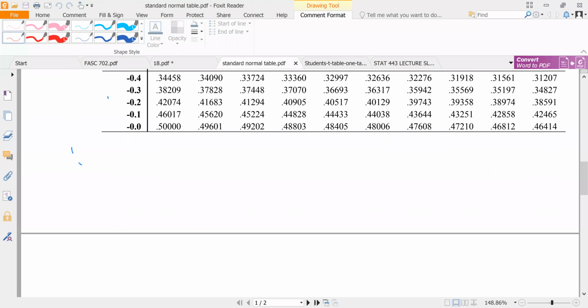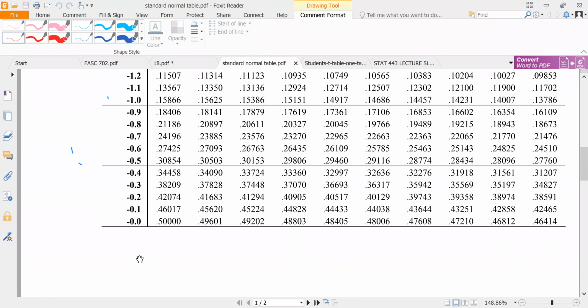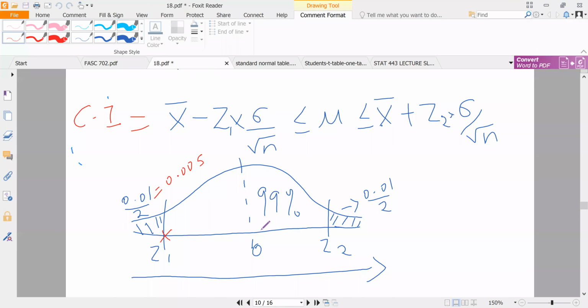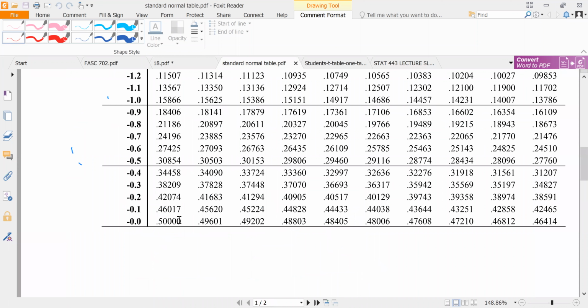Now, at the point where the value of Z is equal to 0, the accumulated probabilities are exactly equal to 0.5, which is 50% of the probabilities in that curve. And that is what this illustrates.